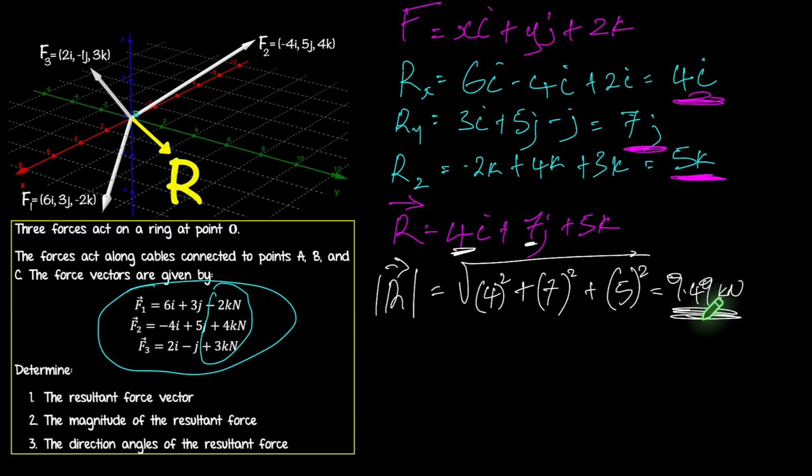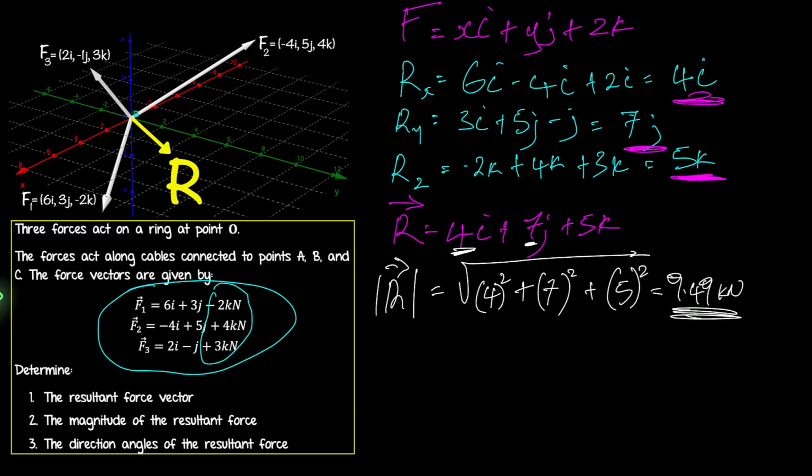So that right there is the magnitude of the resultant, and the magnitude really represents the strength of the resultant. So what we're going to do next is we're going to find the direction angles. And these angles that we're going to work out, they describe the orientation of the vector relative to each of the axes. So relative to our x-axis, our y-axis, and our z-axis.